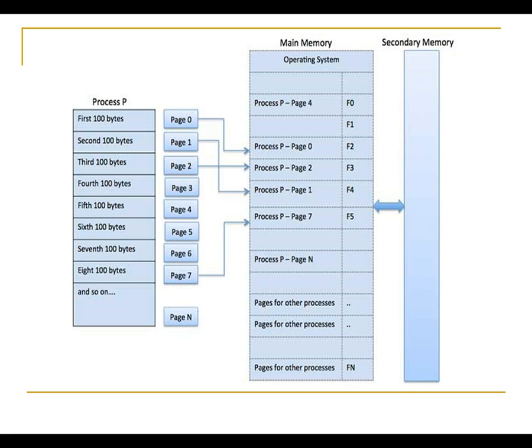That thing is demonstrated over here in terms of a table, where you can see that there are a number of processes on the left hand side. Every process is stored inside a number of pages called page 0, page 1, page 2, 3, 4, 5, 6, 7 up to n.